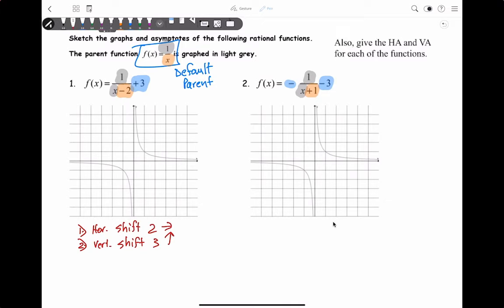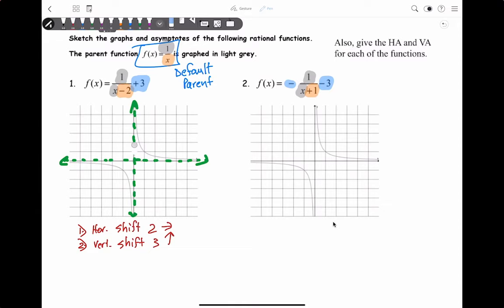Now, the most important thing that you want to first show of transformations, and probably the easiest approach, is identifying the horizontal and the vertical asymptotes. Now we know what these look like on the original graph. They were at x is equal to 0, and they were at y is equal to 0. And what we're going to do is shift one of these 2 to the right. If I shift one of these 2 to the right, that's going to be the vertical.